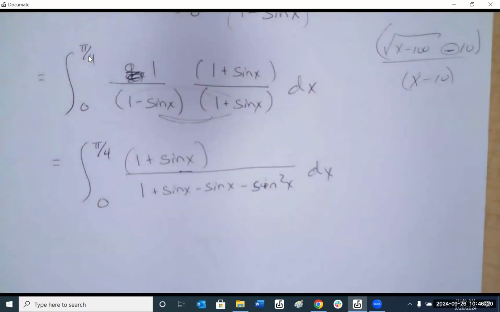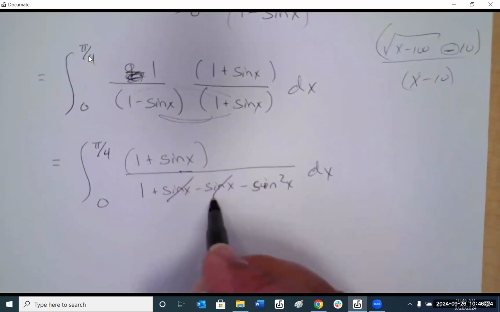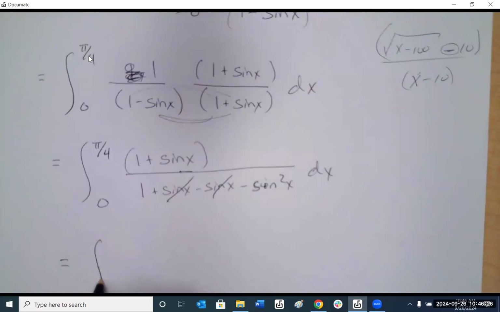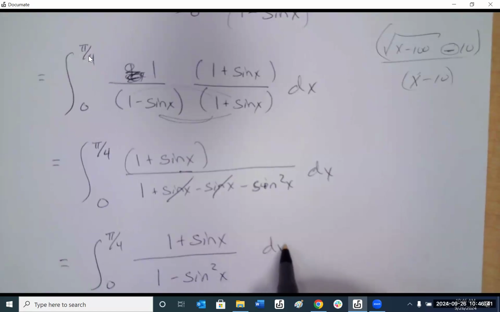You have to FOIL them out. So the sine x cancel. One plus sine x on top, and on the bottom, we have 1 minus sine squared x dx.